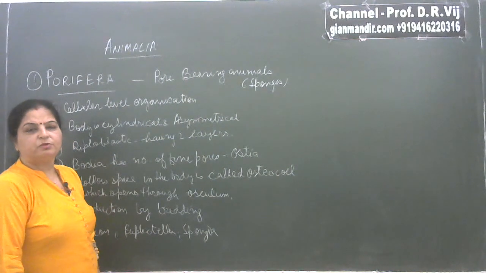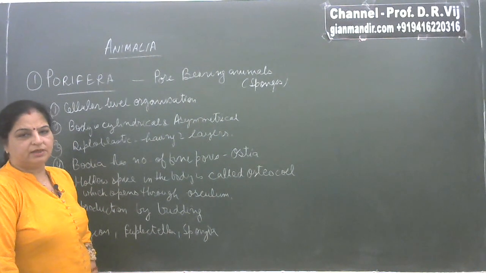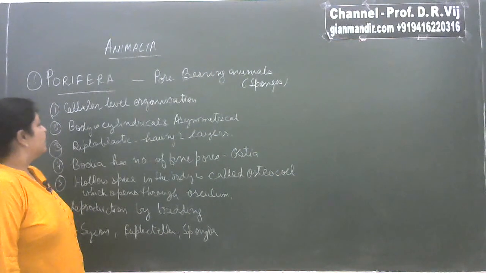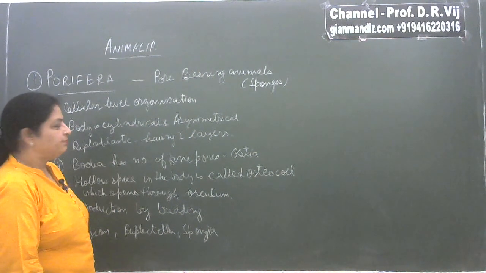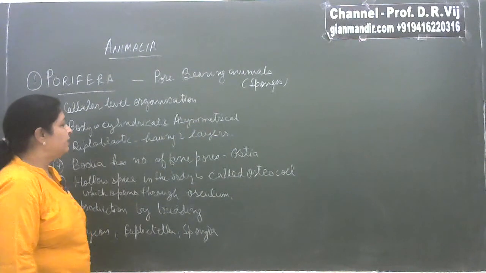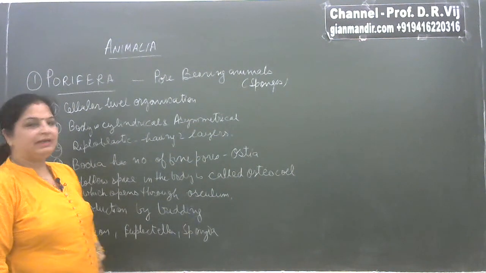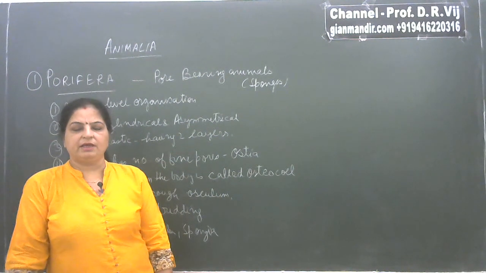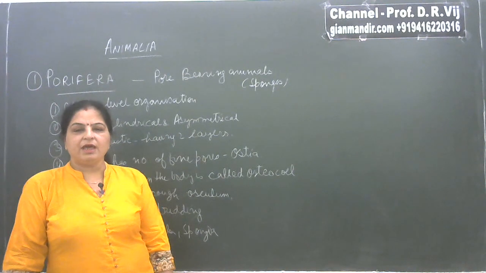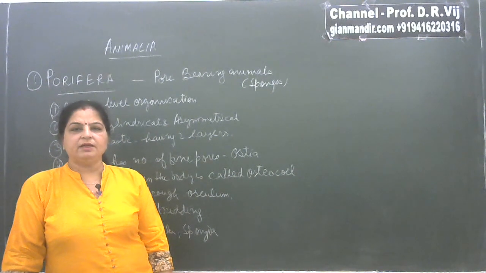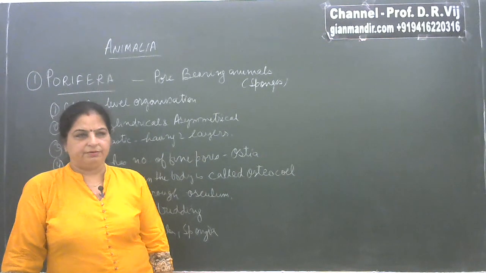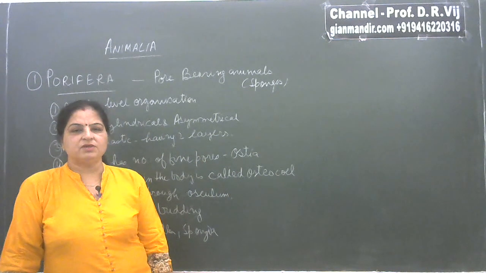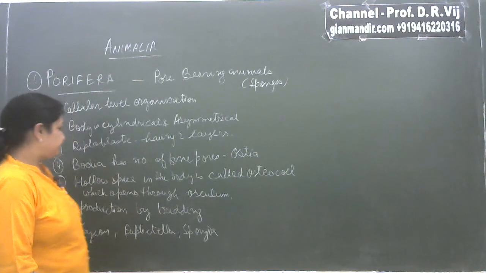As the name shows, Porifera means their whole body is covered with pores. So they have a cellular level of organization. No tissue formation is there. And the body is cylindrical and asymmetrical. Asymmetrical means you cannot divide the body through any plane into two identical halves, right? That's why it is known as an asymmetrical body.